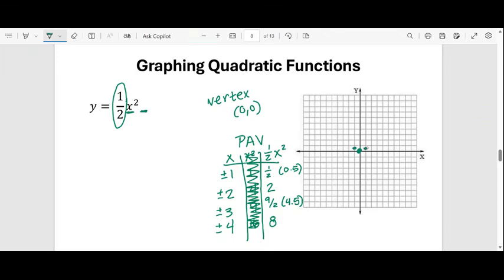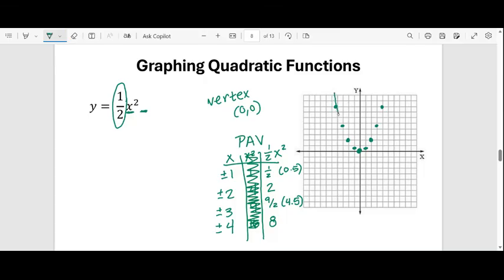From my vertex, if I move left or right 2 squares, I'm moving up 2 squares. From my vertex, if I move left and right 3 squares, I'm moving up 4.5 squares. And again, from my vertex, left and right 4 squares, up 8 squares.